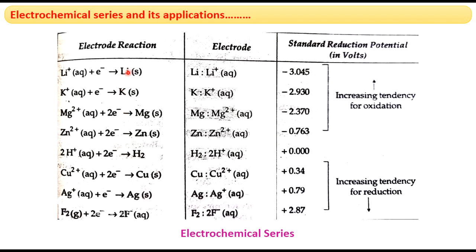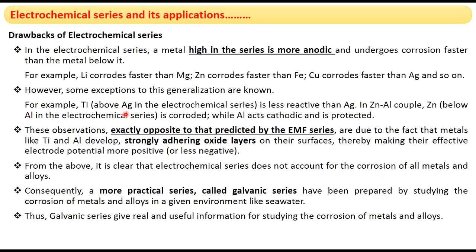So if we connect these two, lithium acts as anode, magnesium acts as cathode. Similarly, if we take zinc and iron, zinc corrodes faster than iron, as zinc is at the top and iron is below zinc. The same is the case with copper and silver. Copper is at the top, it acts as anode, and silver is at the bottom, so it acts as cathode.